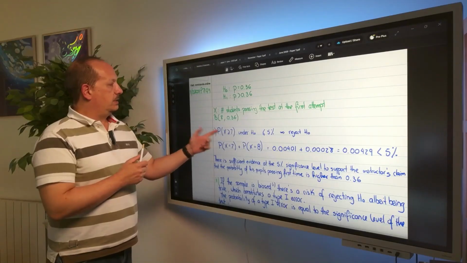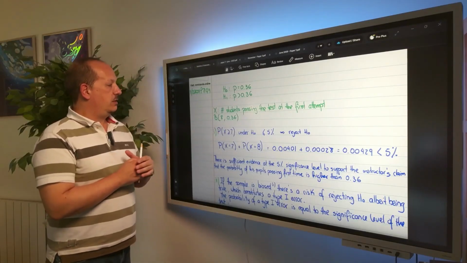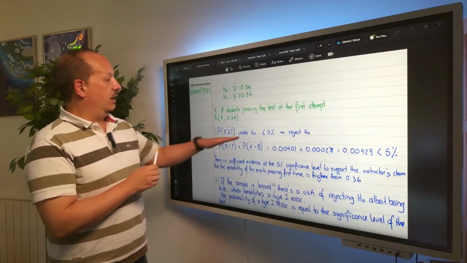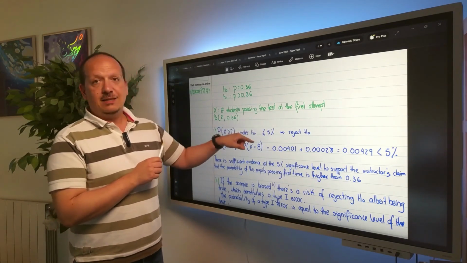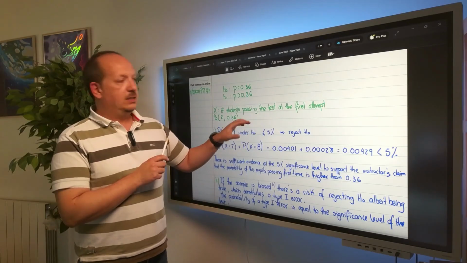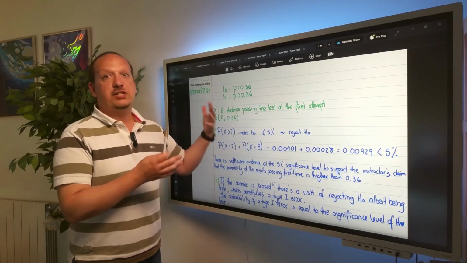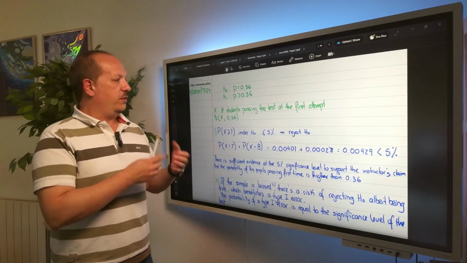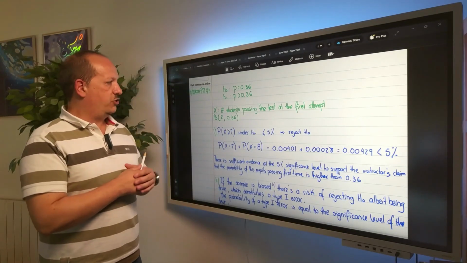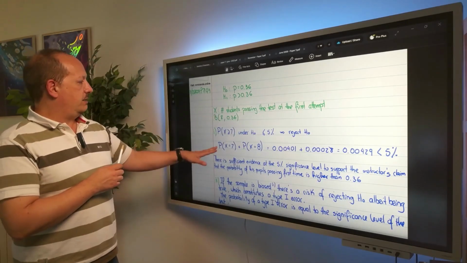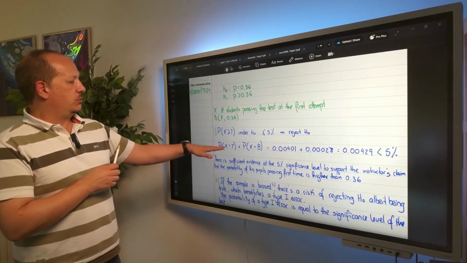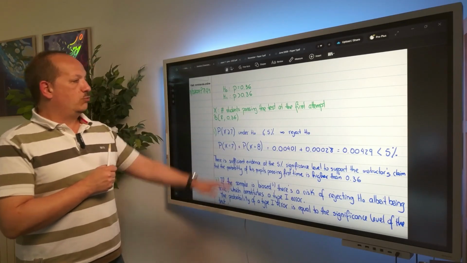So the probability that X is bigger or equal to 7 under H0 must be smaller than 5%, which is the significance level that we have chosen, or the criteria that we are going to use to either reject or not H0. Okay, so in this case, since you only have 8, we are calculating the probability that X equals 7 and X equals 8.